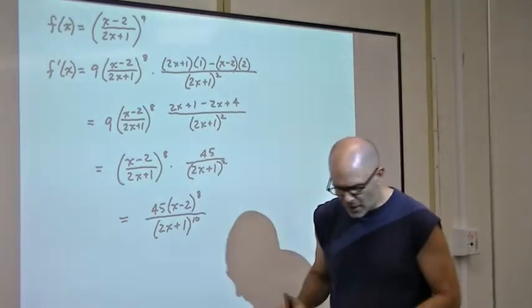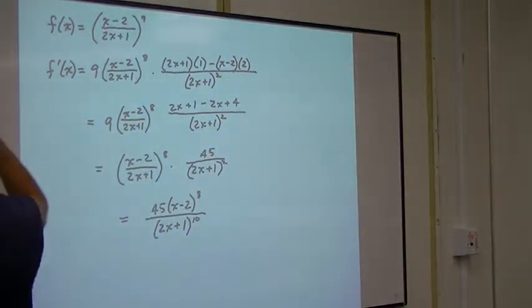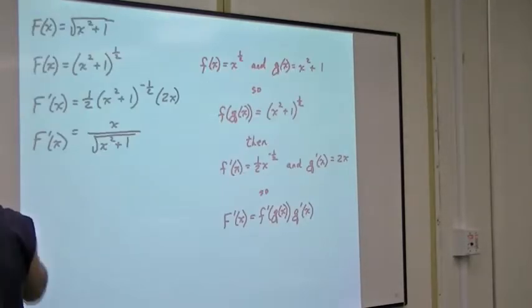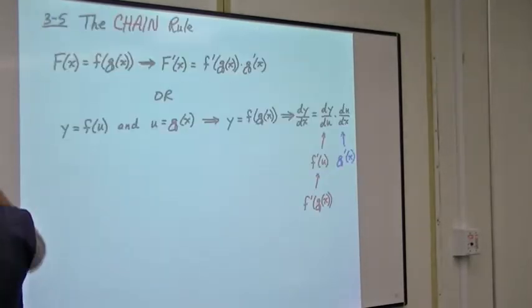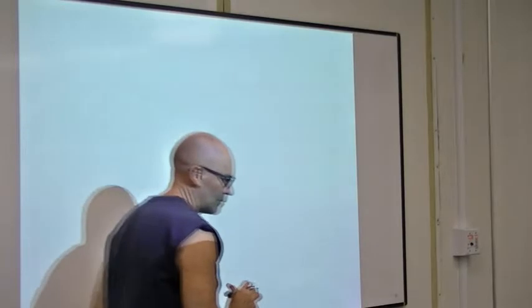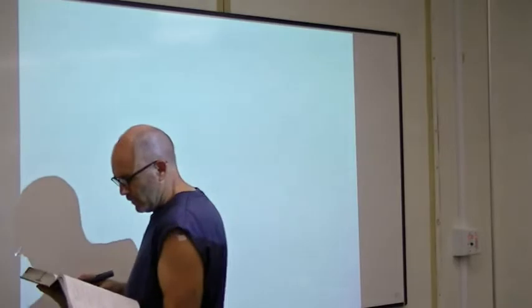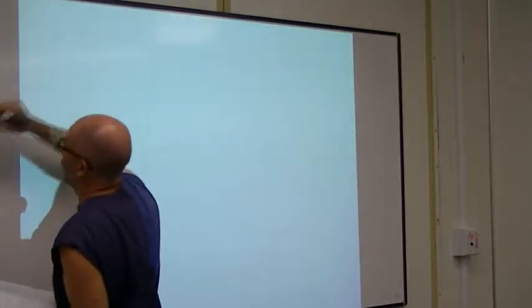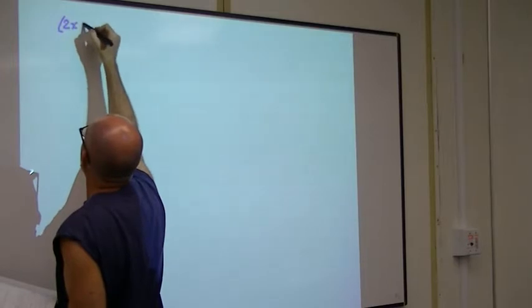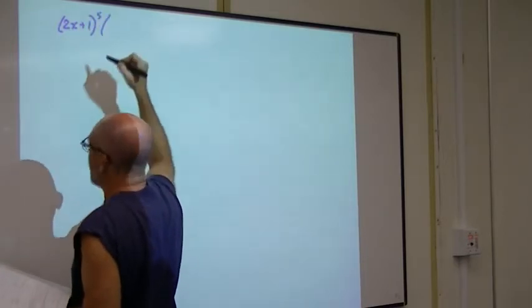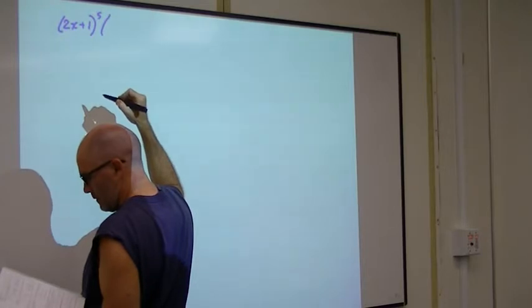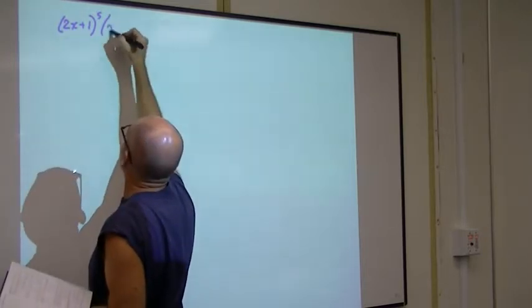So check out, we're out of board. (2x plus 1) to the 5th times (x cubed minus x plus 1) to the 4th.